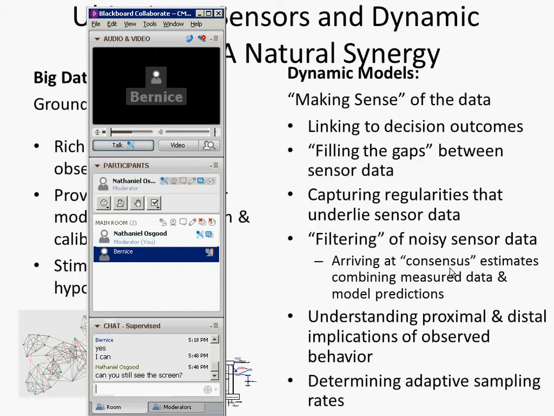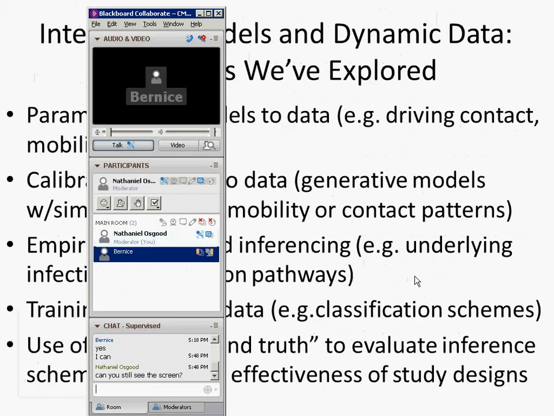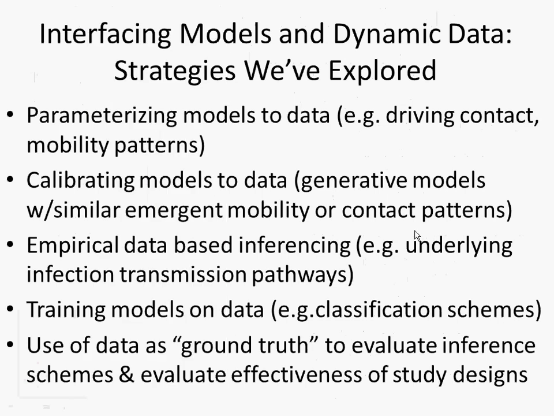We've explored a variety of ways of interfacing these models with data collection. They include parameterizing models to data. So we have agent-based models where the connections between agents are exactly the connections that were reported for real people in our area of the university, for example.